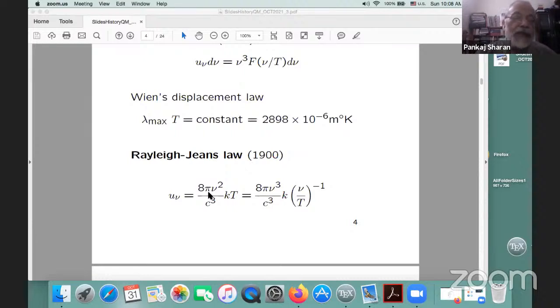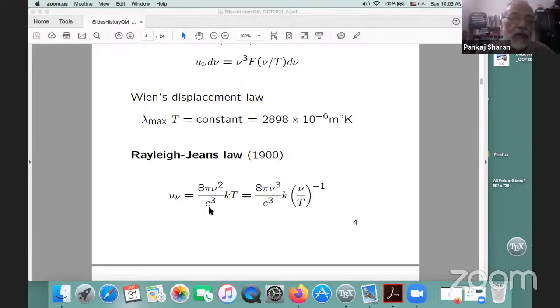So that radiation is equal to the energy given by the oscillating field, and the two come to a thermal equilibrium when the average energy of the oscillator becomes equal to the energy given by the radiation. And the relationship between the two is just this 8 pi nu square upon C cube. This comes from classical mechanics, from Maxwell's theory.